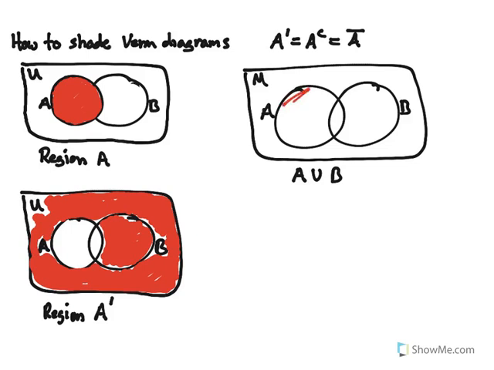All right, so we're going to shade in everything in A as well as B. So you make sure you shade in both A and B, everything inside A and everything in B.